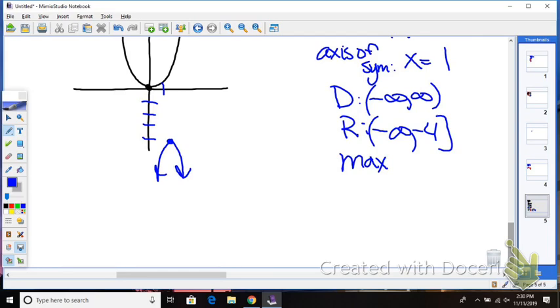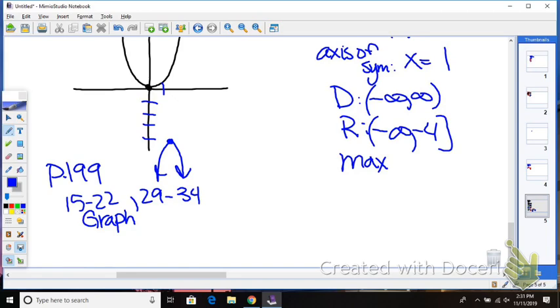Okay, so you're going to go page 199. 15 to 22, you're going to graph each. You don't have to state everything that it stated. And then 29 to 34, I want you to graph, do the axis of symmetry.